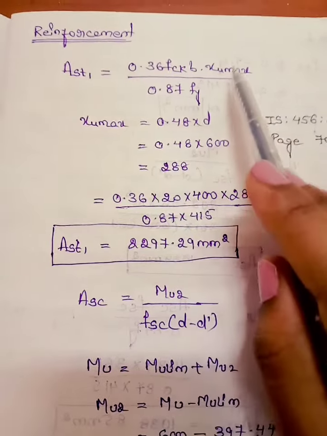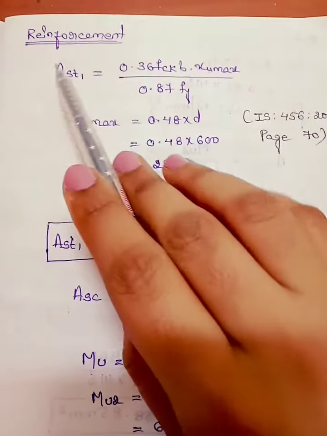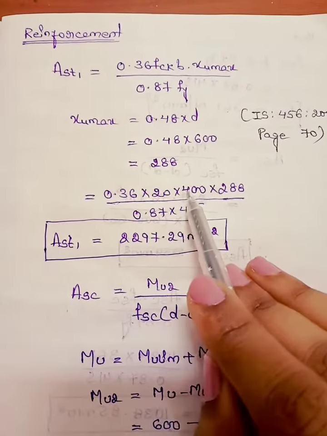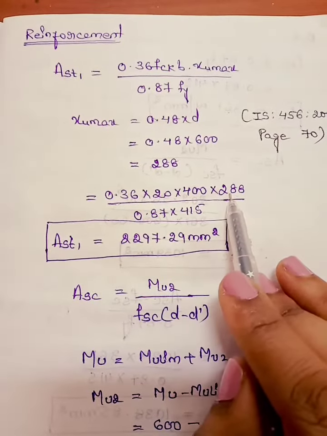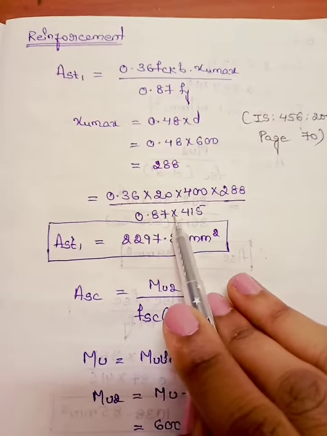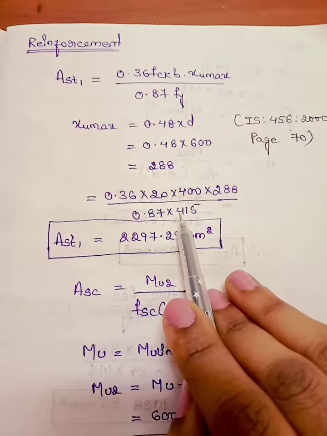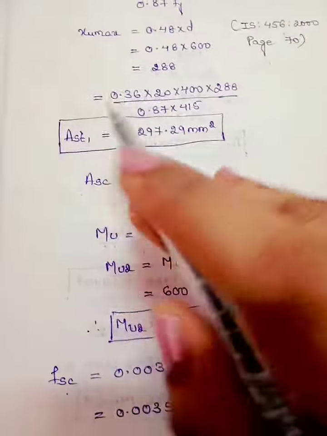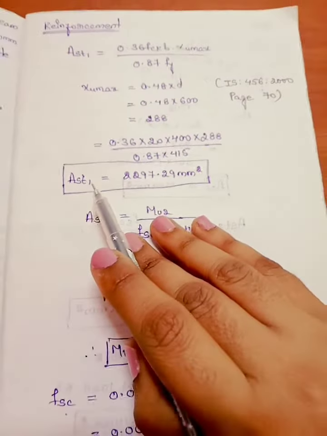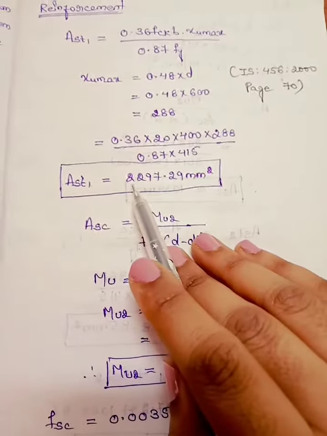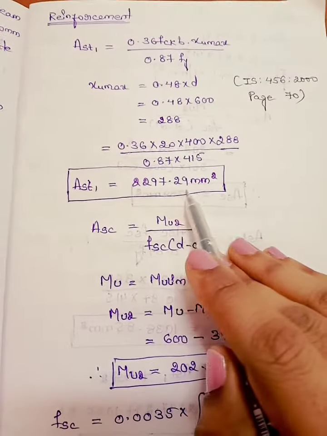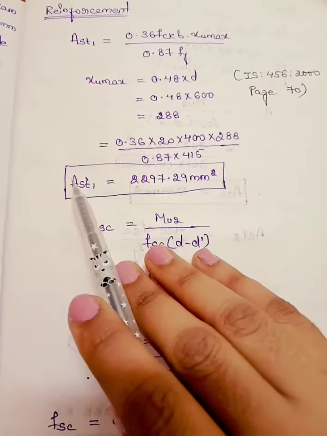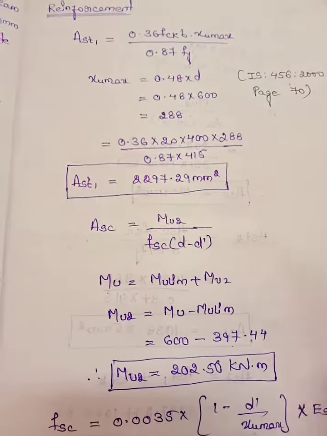Now substitute that here to get the AST value: 0.36 into 20 for FCK, 400 for B, XU max 288, and 0.87 into 415 for Fy. Substituting all the values, AST1 is 2297.29 mm square.